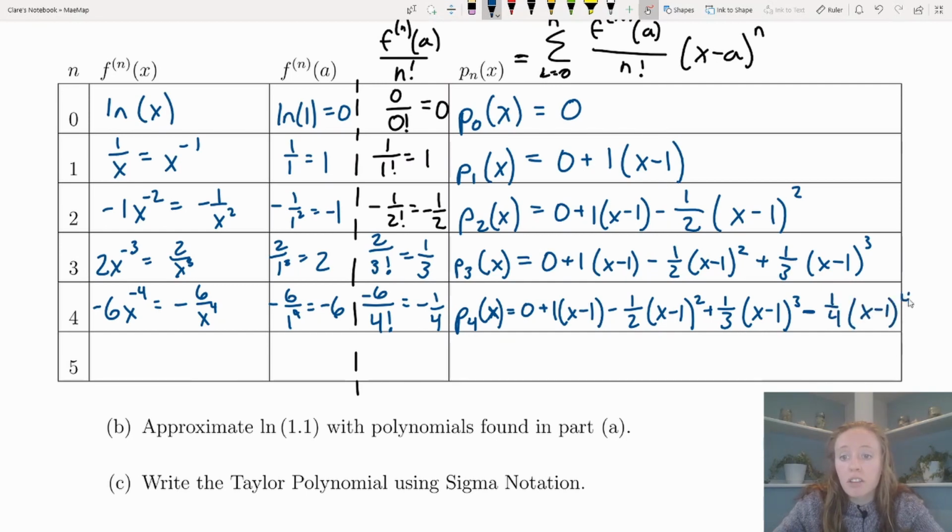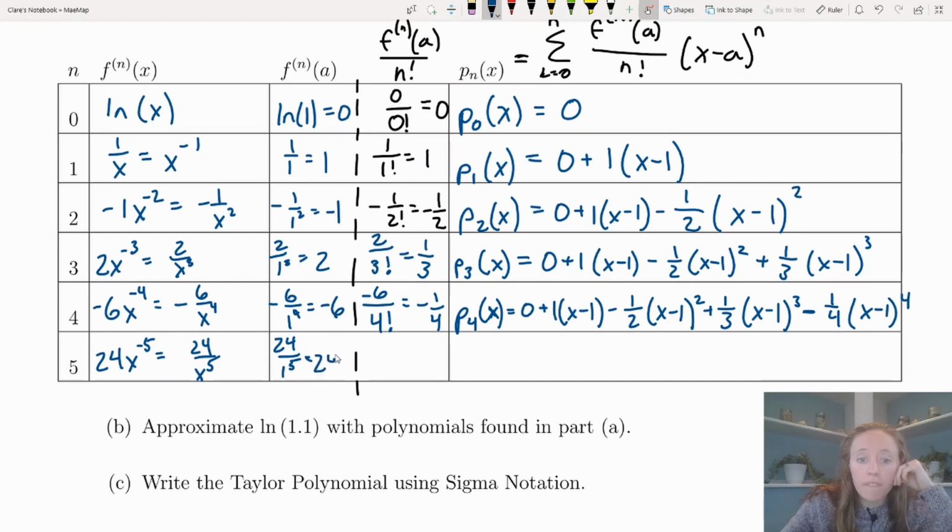Now if we were to do this to an n value of 5, we'll get negative 6 times negative 4, which is 24x to the negative fifth, which is equal to 24 over x to the fifth. And 24 over 1 to the fifth is going to be equal to 24.